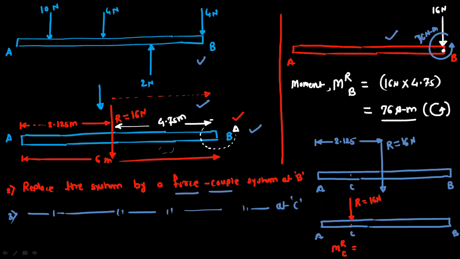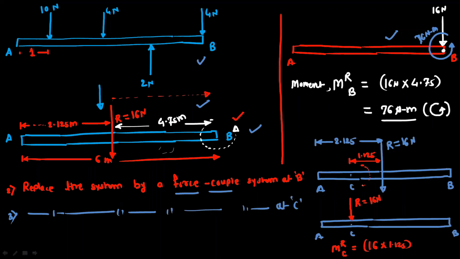So we are shifting the force to point C. So this is equal to the resultant 16 Newton into, now measure this distance from point C up to the resultant. So this total is 2.125 and distance A to C is 1 meter. Okay, so the remaining distance will be 1.125. So 16 into 1.125. And this moment will be clockwise.